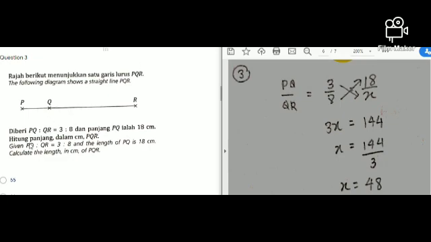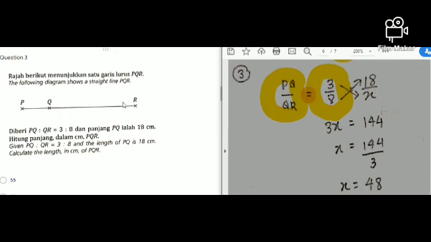Here it gives you a ratio, so you change the ratio to fraction form first. PQ ratio QR, you change to PQ over QR in fraction form. Next, PQ ratio QR is 3 ratio 8, so you write 3 over 8.